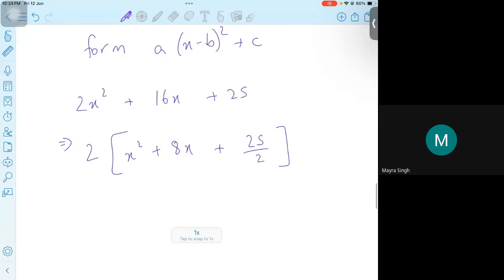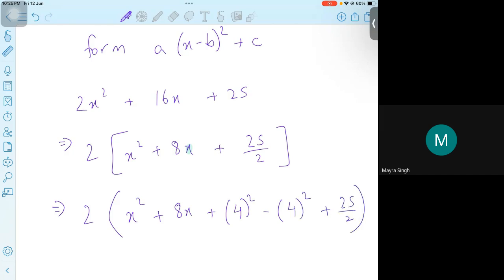And then the second step was to isolate this x, whatever the coefficient of the x is, right? So now we have 2, we have x squared plus 8x plus the half of that number squared minus the half of that number squared plus whatever the rest of the equation was.